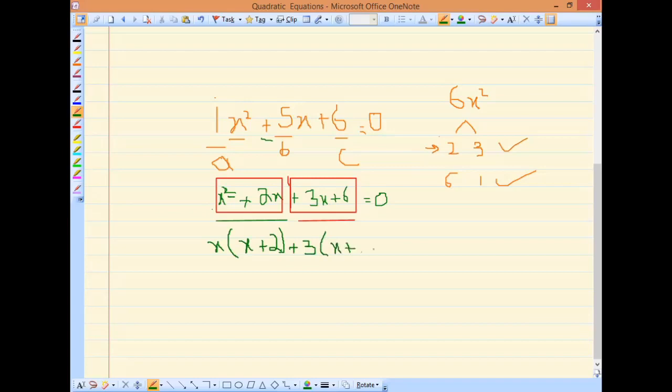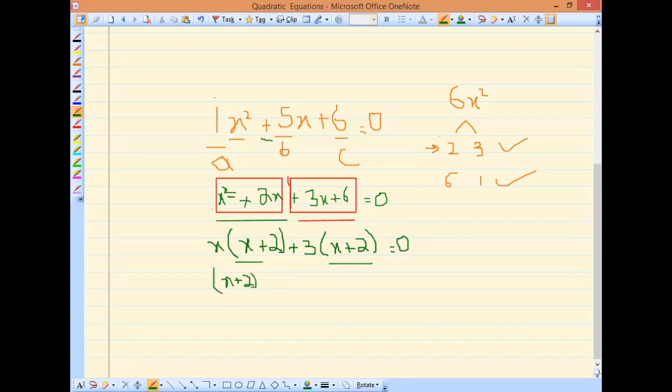So 3 is taken out. So 2 will be remaining here. 3x plus 2 equals to 0. So now as the two are common, we will just write one single set, x plus 2.